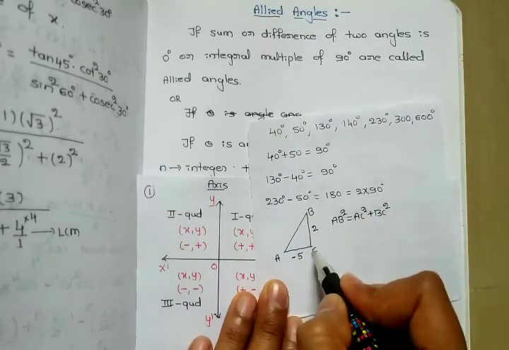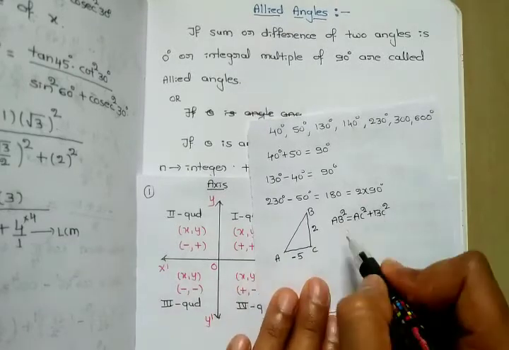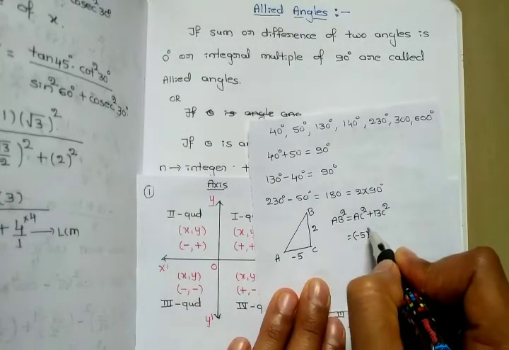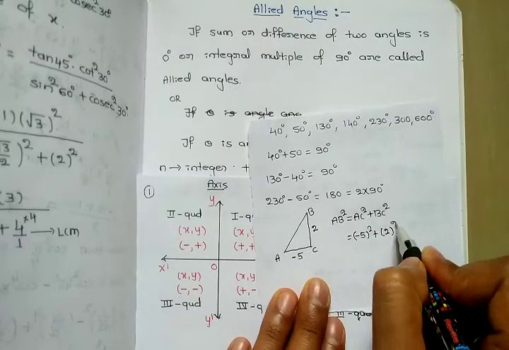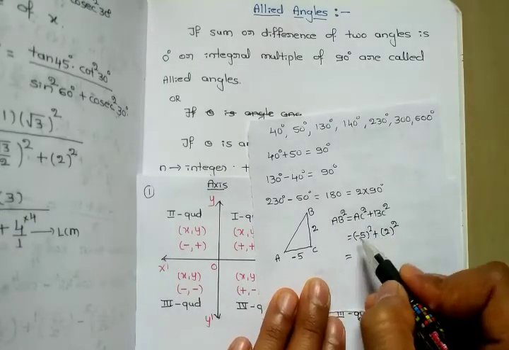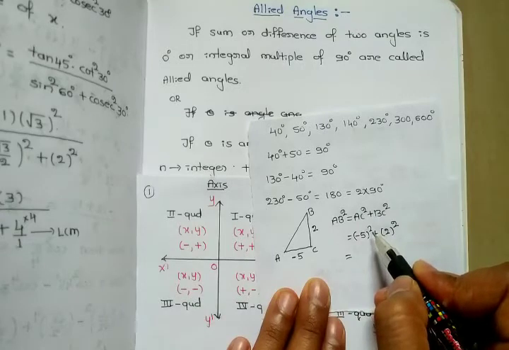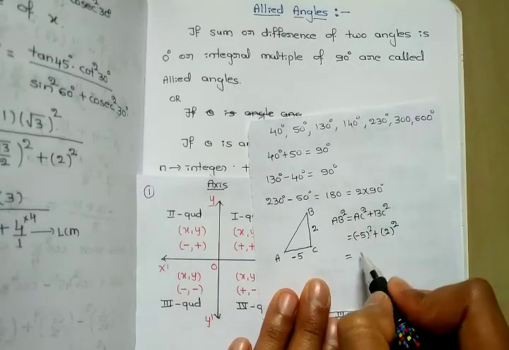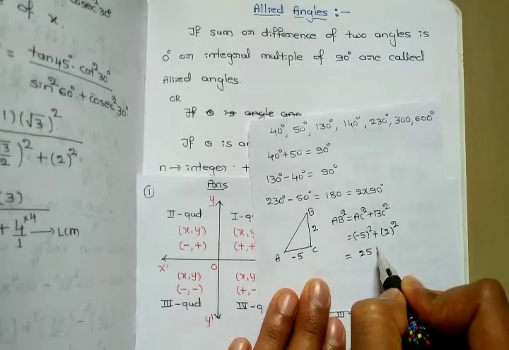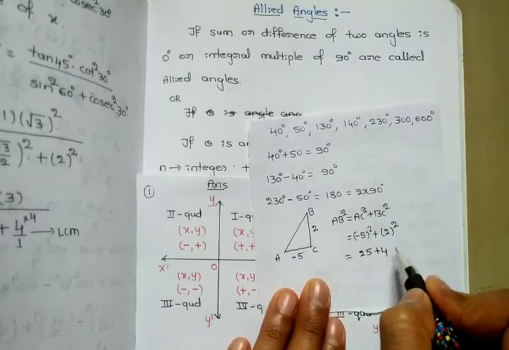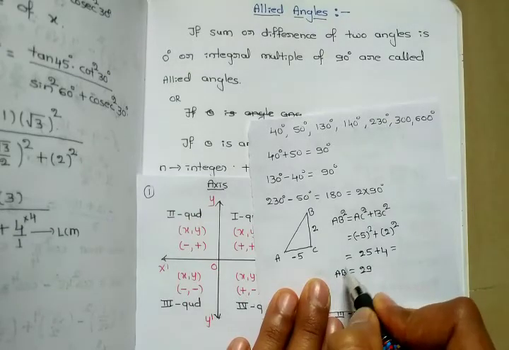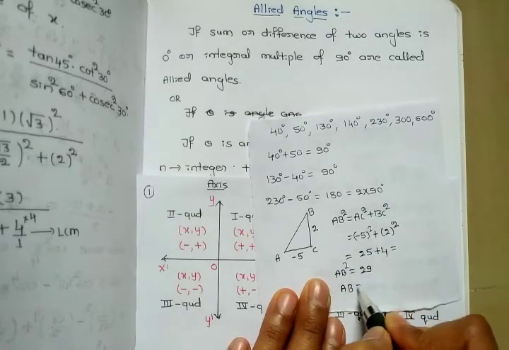So here AC value is -5 square plus BC value is 2 square. So you know here negative sign is there, but power is even number. So minus also becomes plus. So -5 square is 25. 2 square is 4. So you will get 29 AB square.